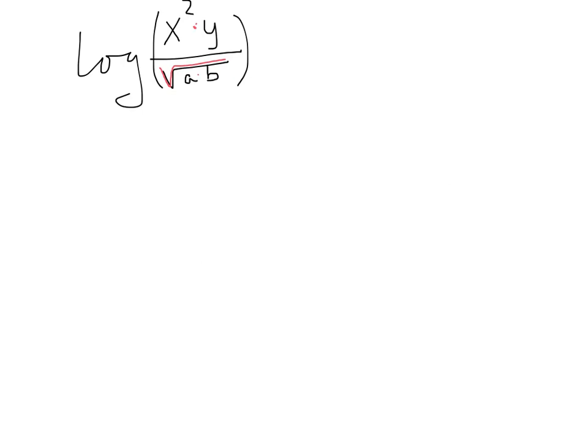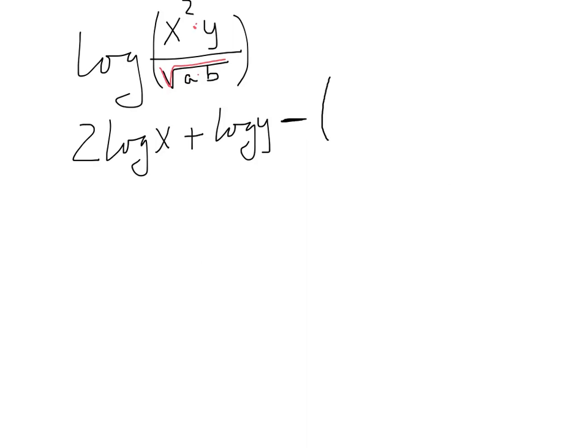First, I'm going to take care of the numerator. And again, I have two factors of x, so I'm going to have twice the log of x. The multiplication becomes addition times the log of y. Then I'm going to subtract, because that's from the division. Now, in the denominator, I'm going to put this in parentheses, because I want to keep all that stuff together.